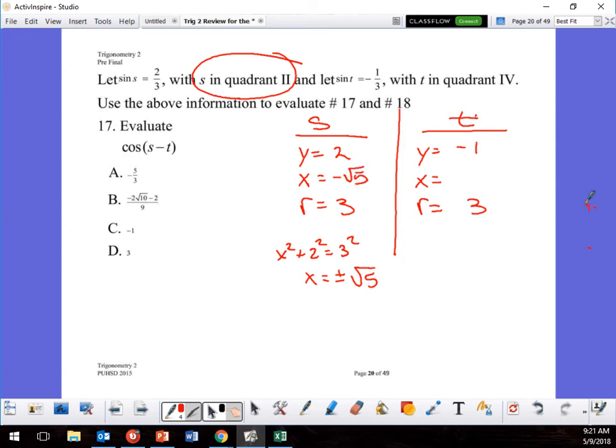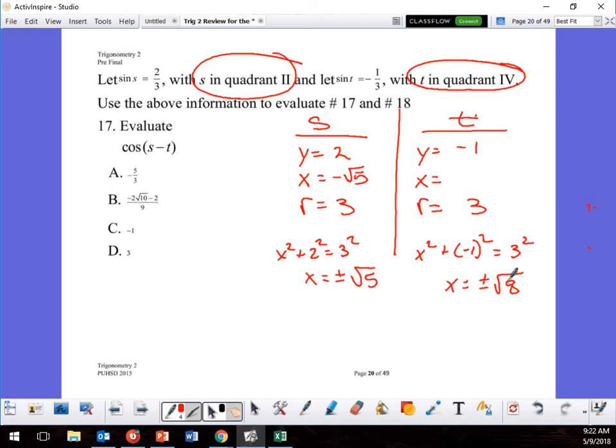Now, t is in quadrant 4. So let's do the same thing again for t. It's going to be x squared plus negative 1 squared equals 3 squared. So x is going to equal 9 minus 1, so plus or minus radical 8.